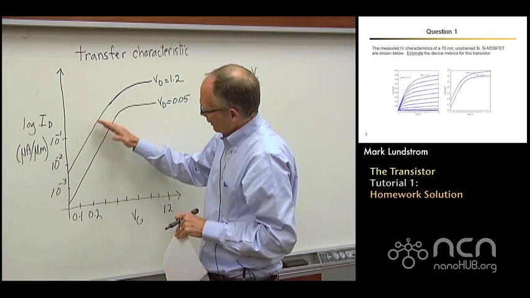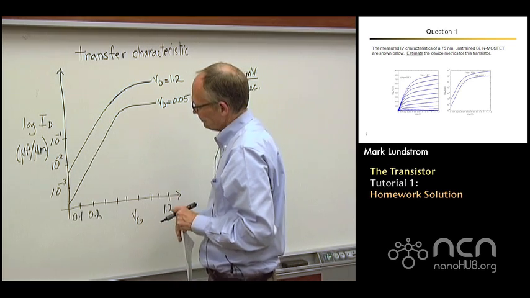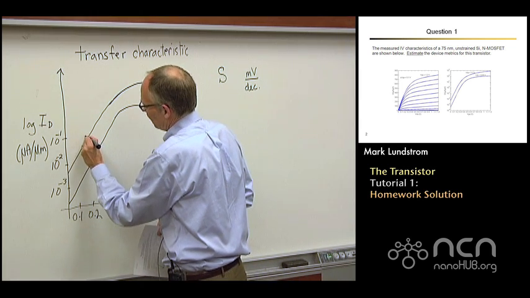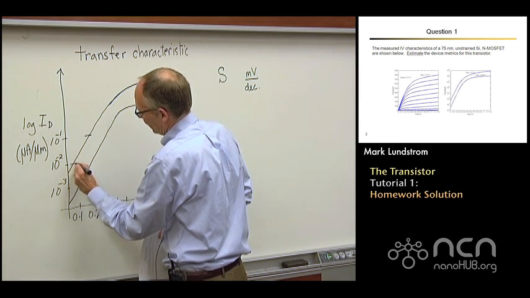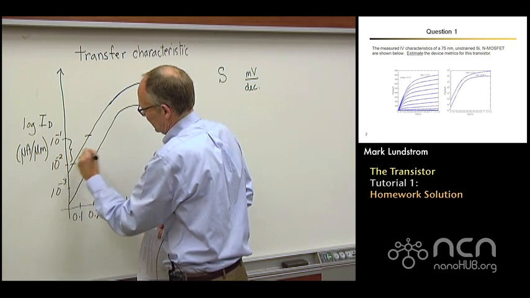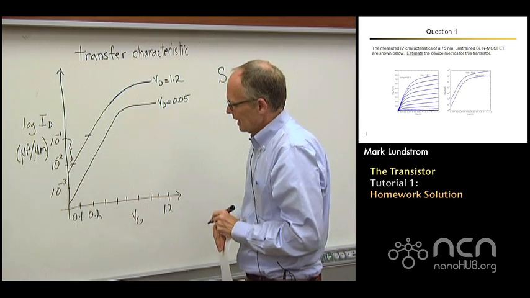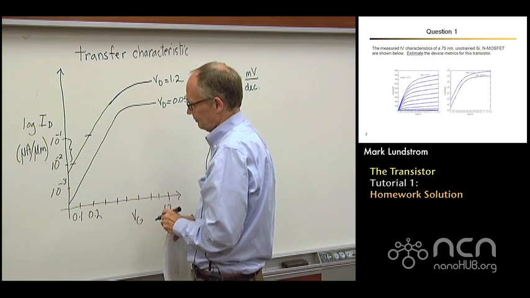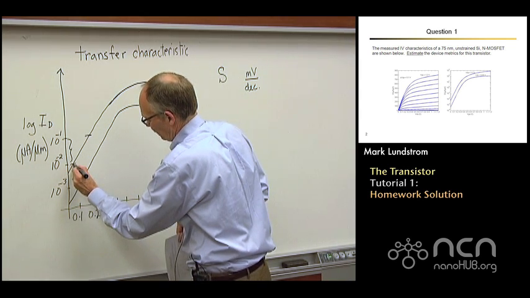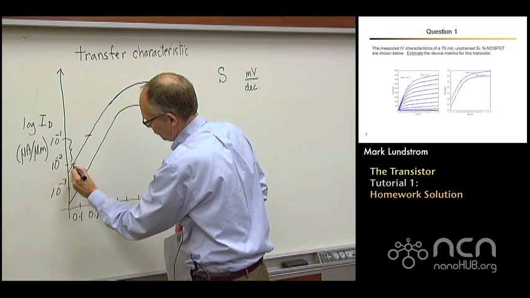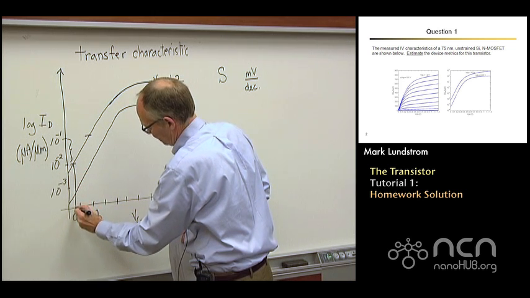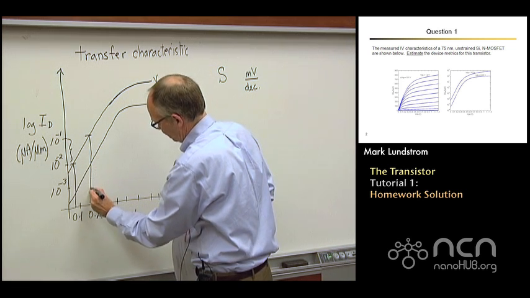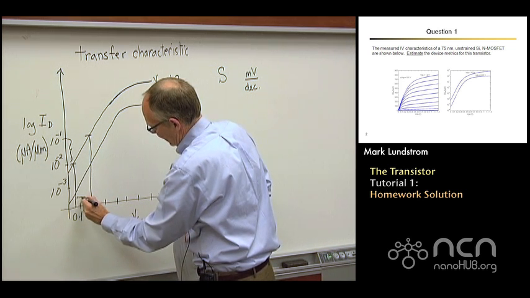Typically we look in a region where these two curves are parallel, and we ask ourselves: if we increase the drain current by 1 decade, a factor of 10, how much change in gate voltage does that take? We simply read off the gate voltage at 10 to the minus 2 microamps per micrometer, and the gate voltage at 10 to the minus 3, and take the difference.